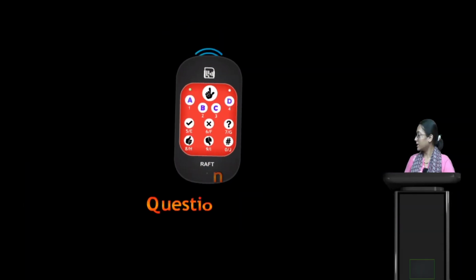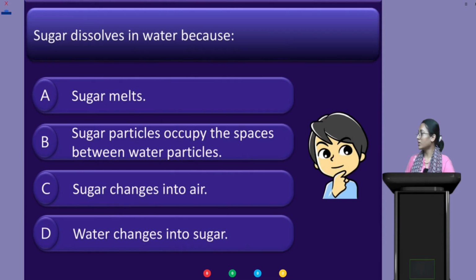So here comes our next question. Sugar dissolves in water. Why does sugar dissolve in water? Option A, sugar melts. Option B, sugar particles occupy the spaces between water particles. Option C, sugar changes into air. Or option D, water changes into sugar. What will be the right answer?